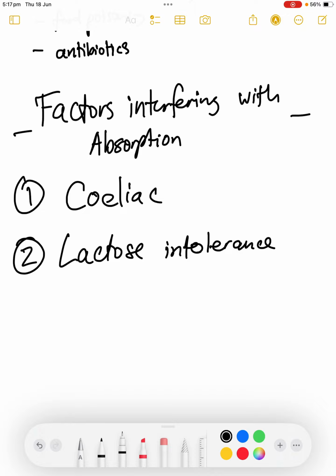In terms of what people could do is consume lactose-free milk, even consume lactase enzyme tablets before consuming a food which has milk as well, and that would be the best way to actually manage that.